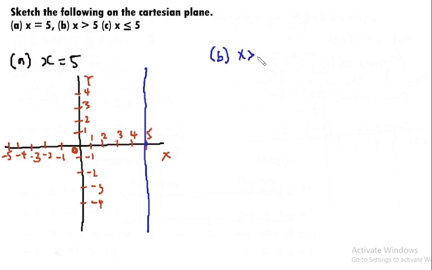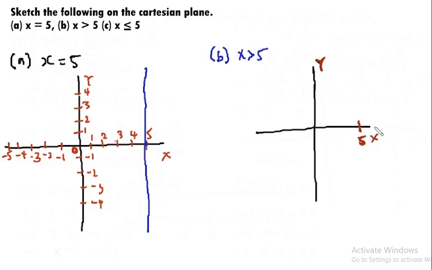X is greater than 5. Let's redraw our Cartesian plane. So this is the Cartesian plane. The y-axis. This is the x-axis. Instead of using my time to write all these numbers, let's just say this is where 5 falls on.